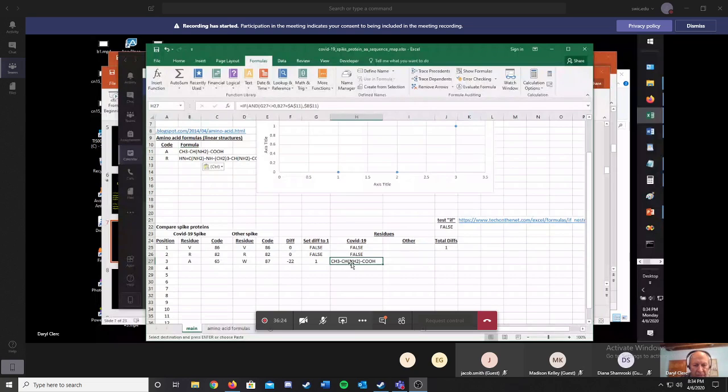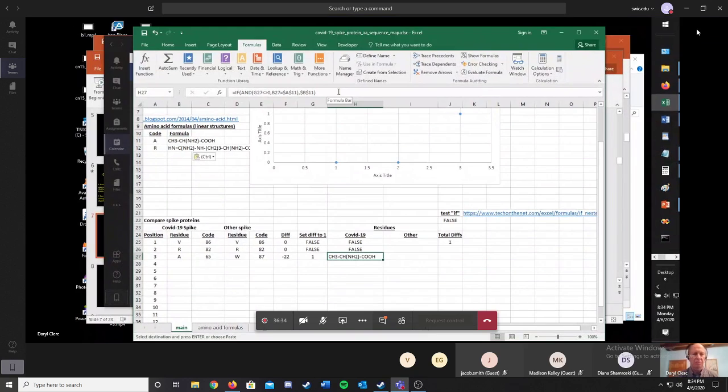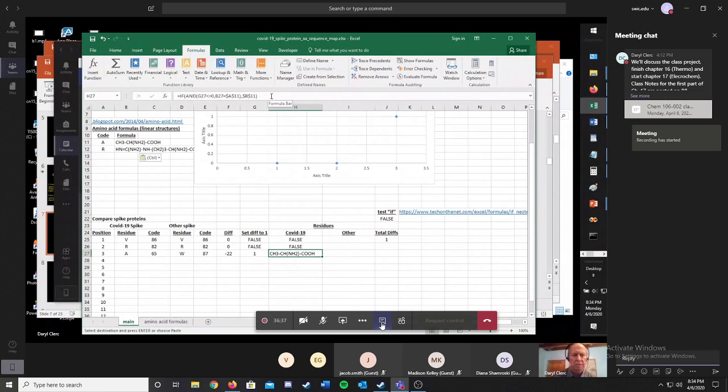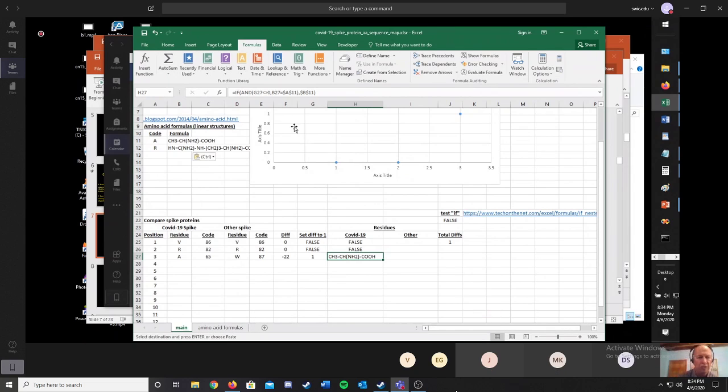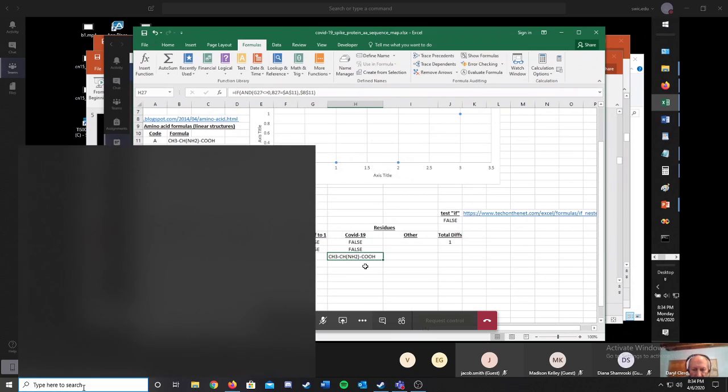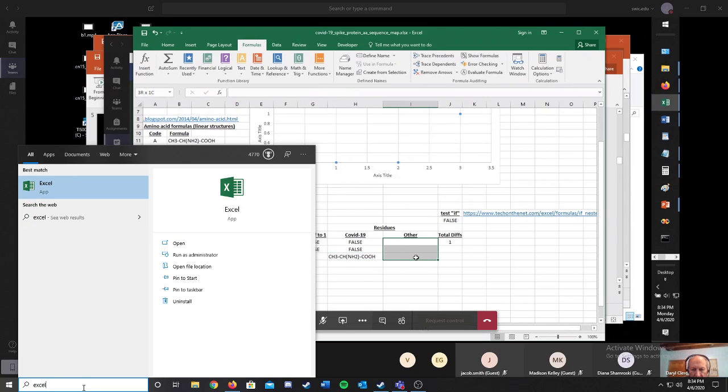To actually make this work for all 21 residues, this if statement would need to be longer. It'd have to cover every possible residue. So instead of just saying A11, we would need A12, A13, A14, and B12, B13, B14, and so forth, until all the formulas are covered, and then repeat for the other.